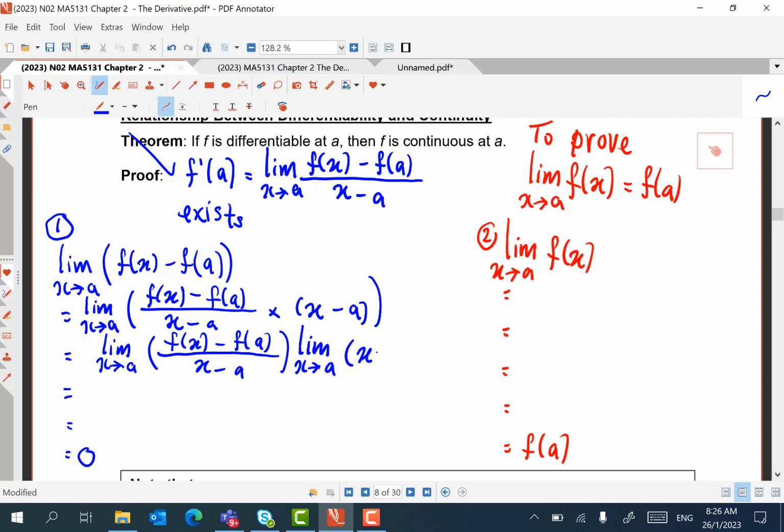Why can I do so? Because I know that both limits exist.